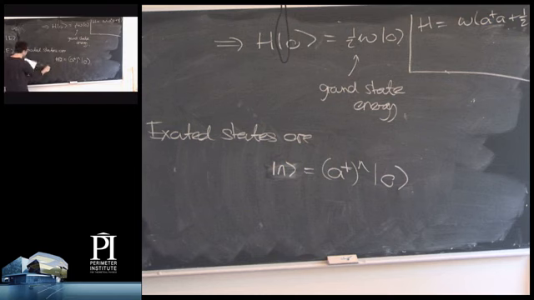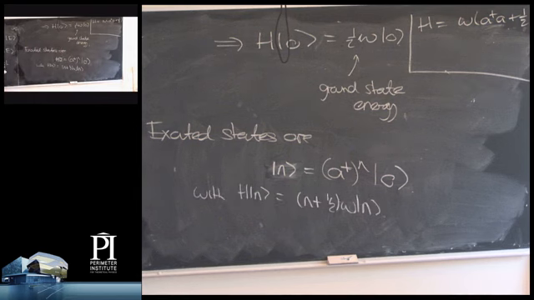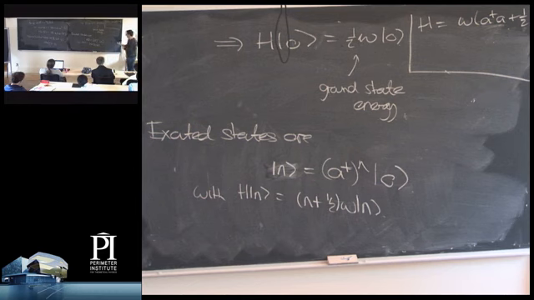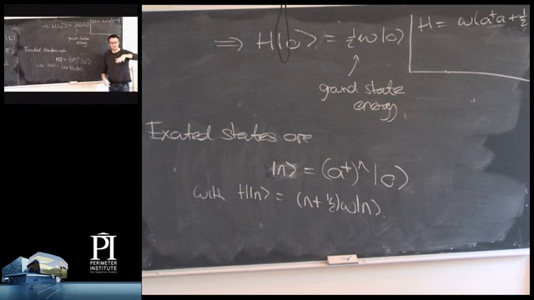There should be a 1 over square root of, I don't know, n plus 1 or something like this. OK, so this is the spectrum of the harmonic oscillator. Ground state energy of a half h bar omega, and then a tower of states equally separated above, whose energy increases by omega each time.